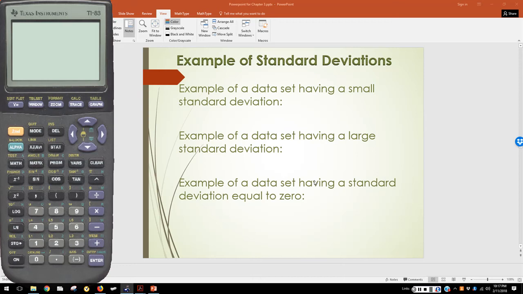A set of data having a standard deviation that would be 0 would be the amount of money that I spend on my way to school every day, stopping at Starbucks to pick up my coffee. Because I order the exact same cup of coffee every day, and it costs me the exact same thing every day.